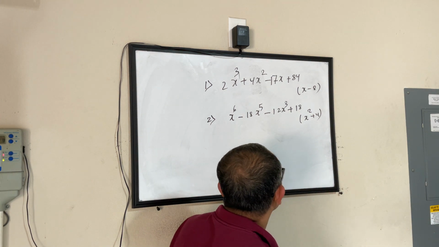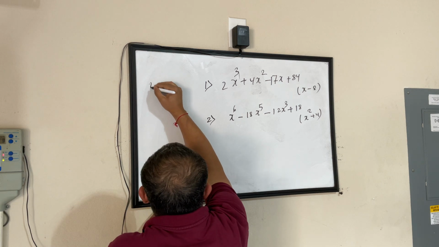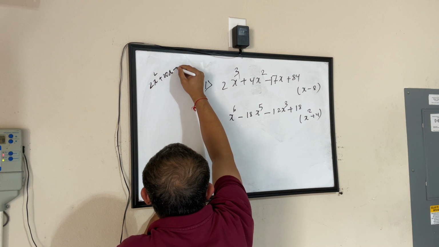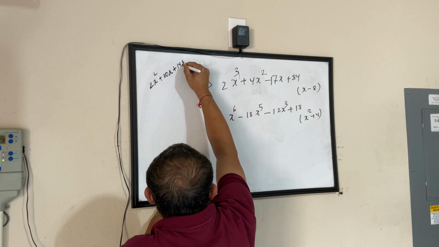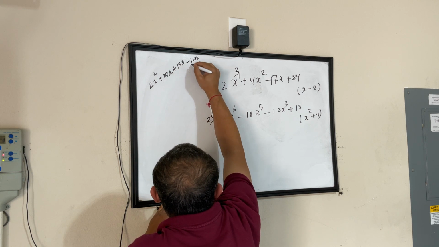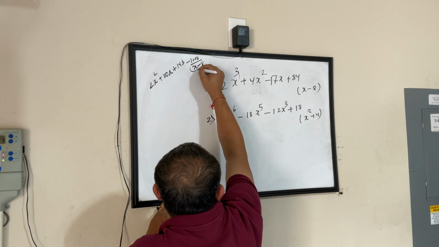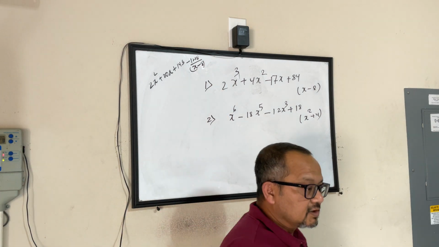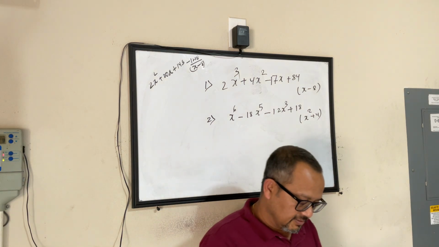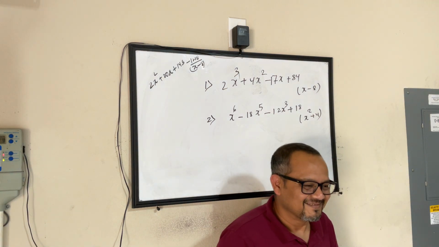For the first one, I got 2x squared plus 20x plus 143 plus 1228 over x minus 8. Okay. Yes, Chris. Yeah, I got the same thing. Same thing, same answer. Okay.